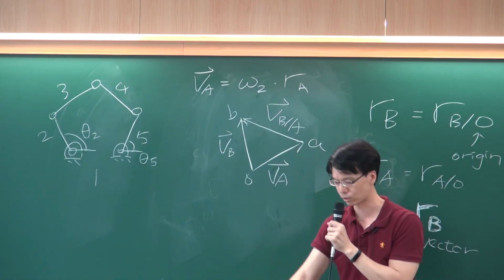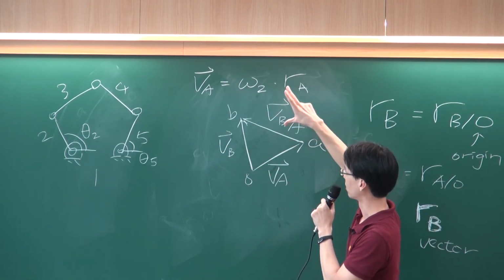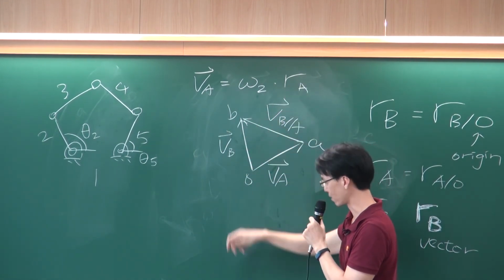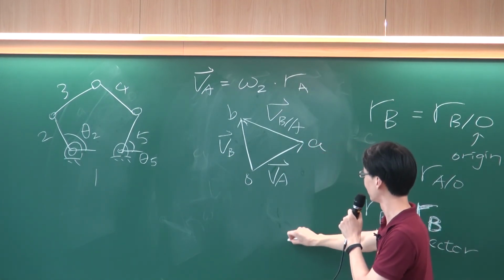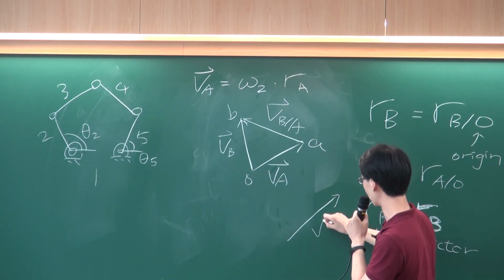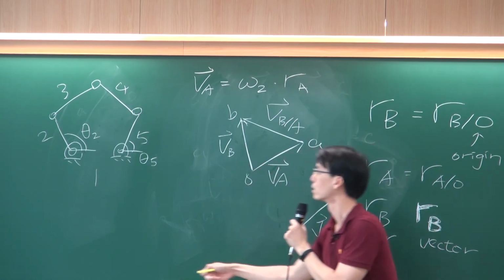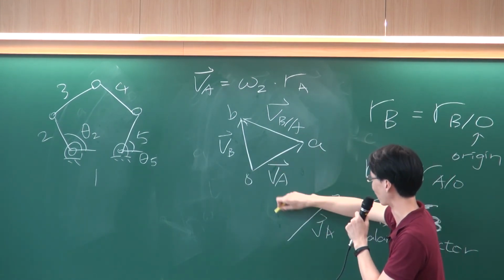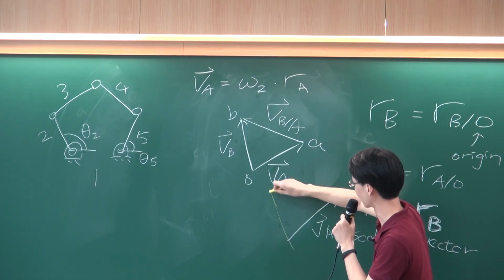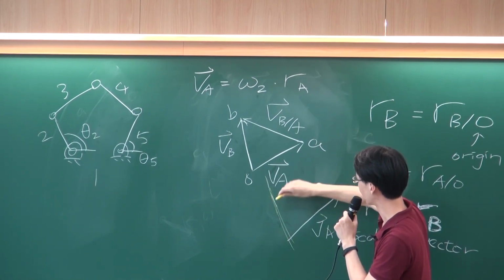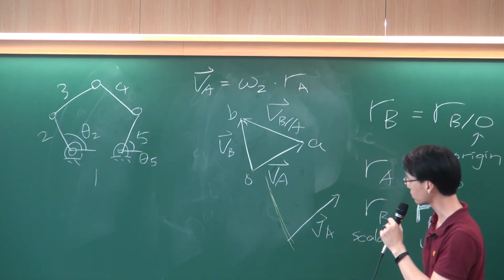Right now, we don't know VB, so we try to find VB. And if we want to graphically solve this problem, this one is different from that one, but they are just an example.